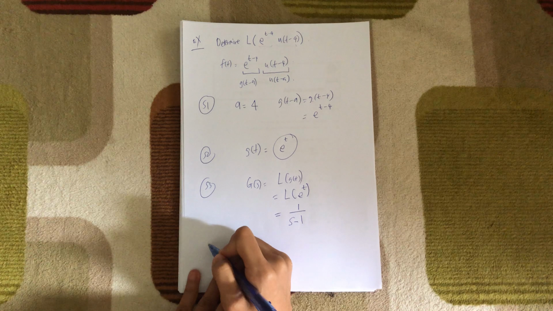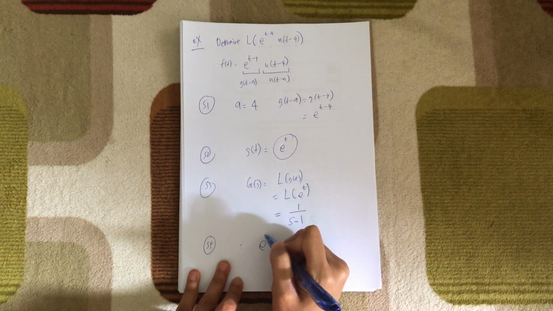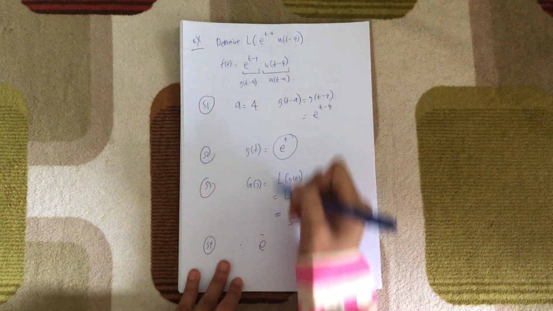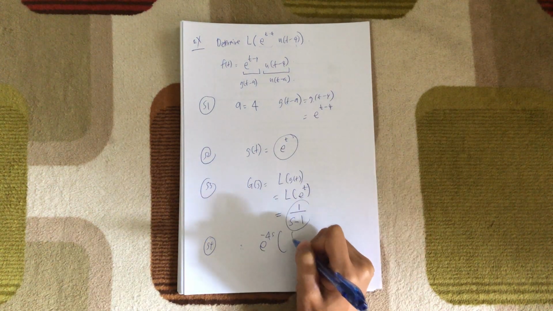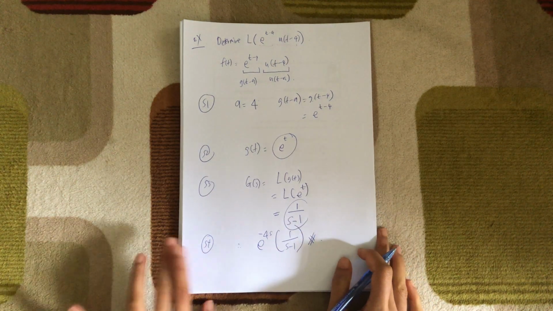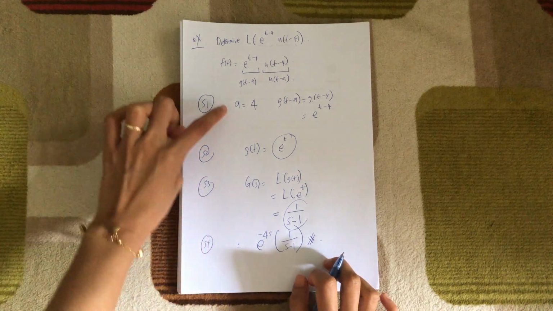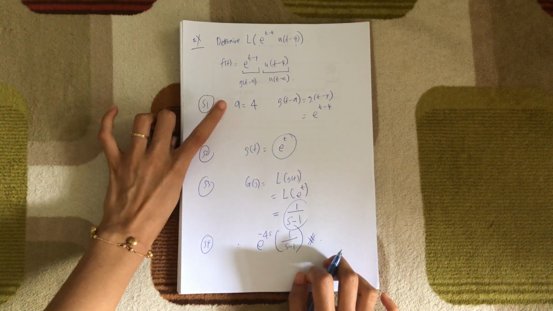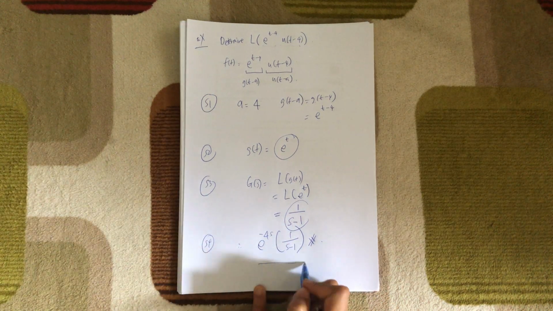Okay, alright, so last step is the answer. So e to the power of negative as, and your a here is 4, and then times your G(s), 1 over s minus 1. Okay, so this is the answer. The final answer is the combination of e^(-as) and G(s).